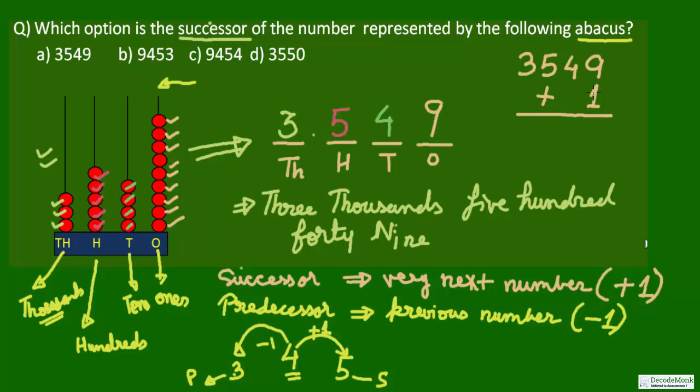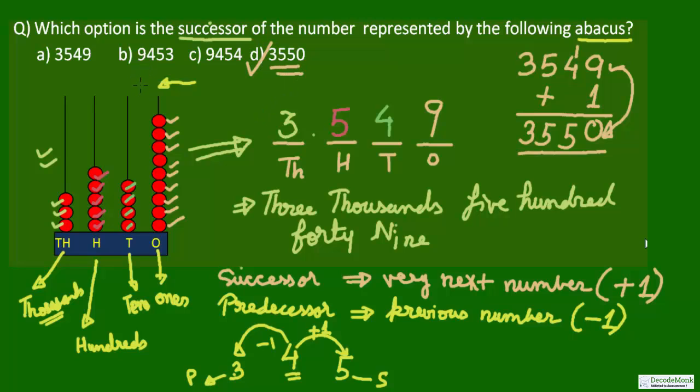And if you cannot figure it out, you just add 1 to that number: 1 plus 9 is 10, carry 1; 1 plus 4 is 5; 5; 5. So 3550 is the very next number of 3549. So 3550 is the successor of the number represented by the abacus. So option D is the right answer.